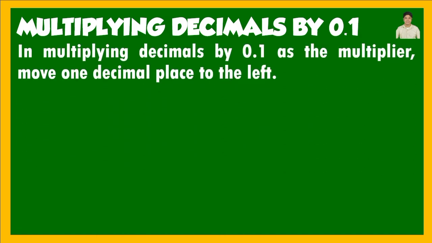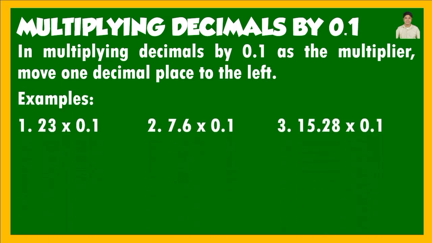So, in multiplying decimals by 0.1 or 1/10 as the multiplier, move 1 decimal place to the left. So, kapag minumultiply natin yung decimal by 0.1, mag-move lang daw po tayo ng decimal place, 1 decimal place to the left, dun sa kanyang multiplicand. Okay, so yung multiplicand dito is yung unang number, yung unang factor na sinusulat natin.